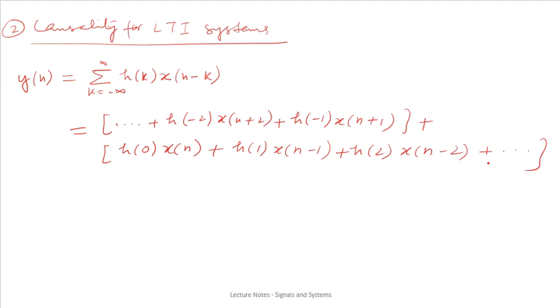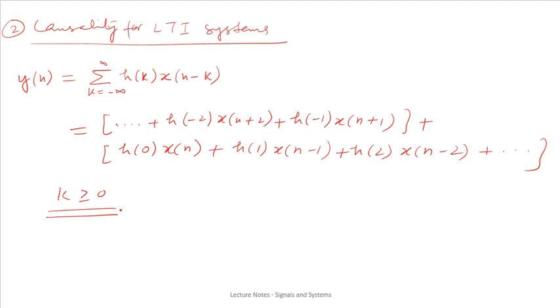Now we see that the past and the present values of the input, that is x[n], x[n minus 1], x[n minus 2], are associated with the terms where k is greater than or equal to 0.